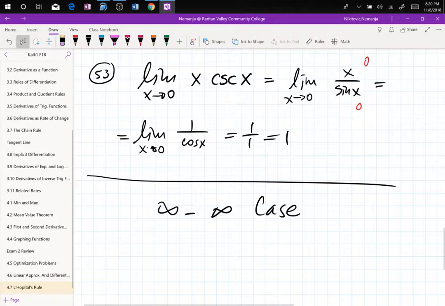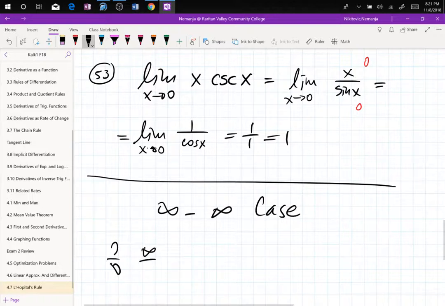So now, for infinity minus infinity case, we have to think a little bit. Hopefully we agree that 0 over 0 and infinity over infinity both are within division, right? You have subtraction. So how do you go from subtraction to a division?